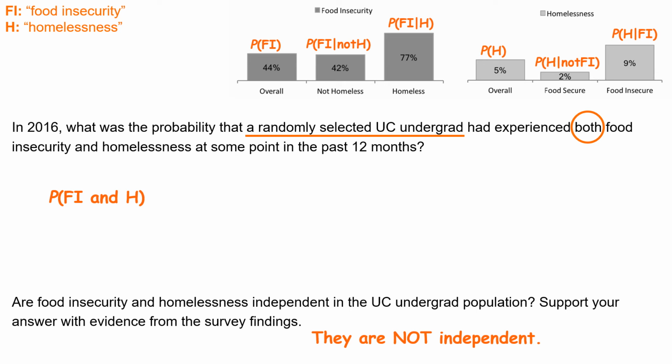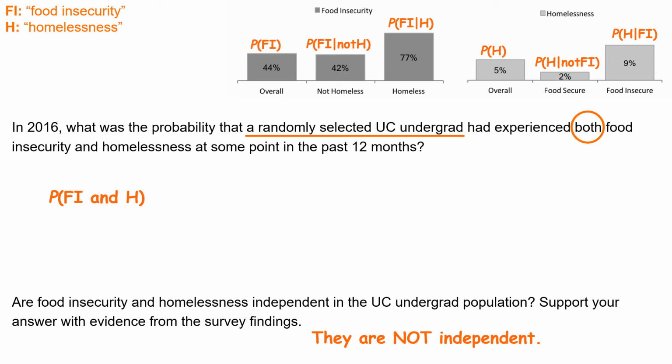This is visible by the fact that we have 3 bars of different heights. Likewise, the probability of experiencing homelessness depends on whether we know the food security status of those students. So here, we cannot use the simplified multiplication rule for independent events. We have to use the general multiplication rule for any events.